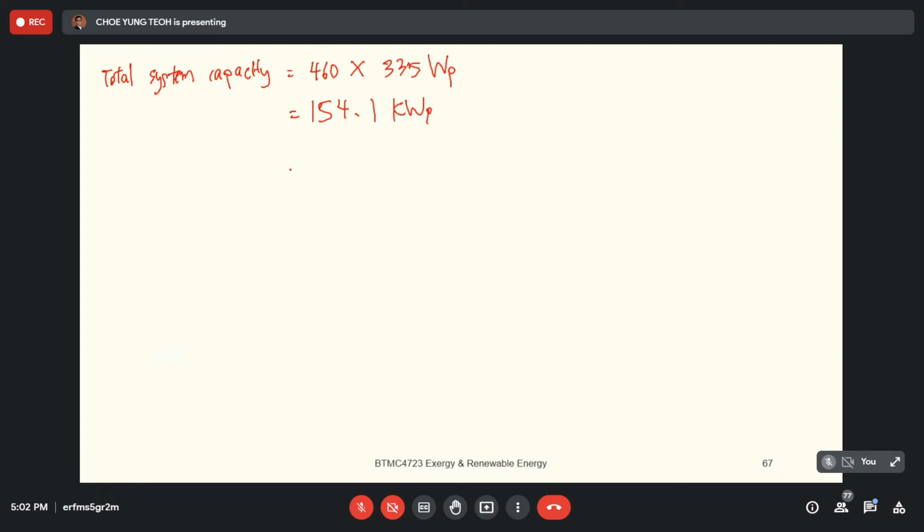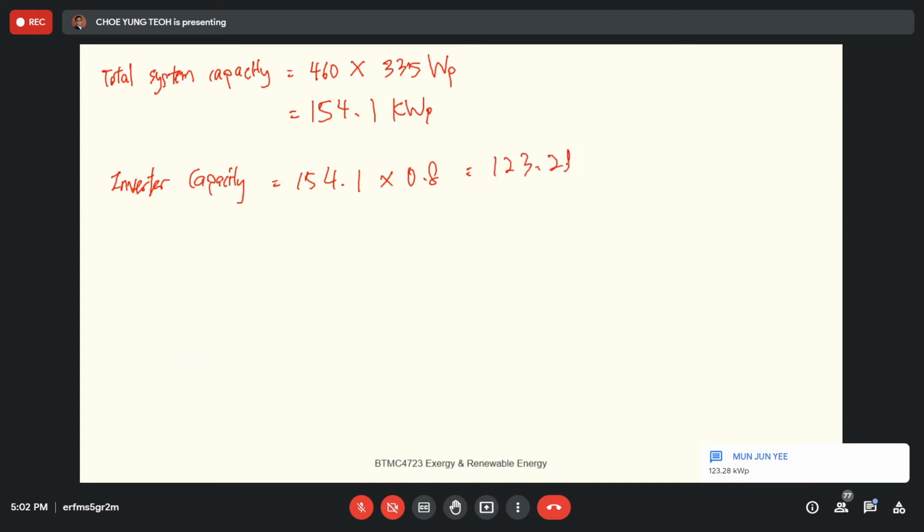We just multiply by 0.8 because I consider the loss is 20%, so we have the inverter capacity. So I get 123.28 kilowatt peak. And now you have to select the proper inverter.